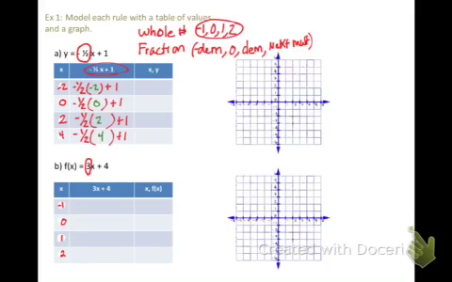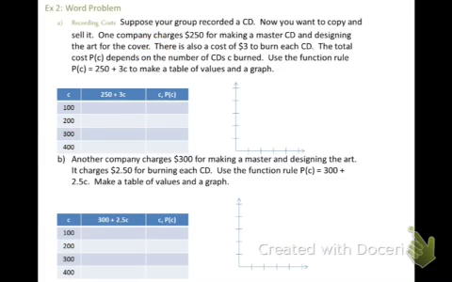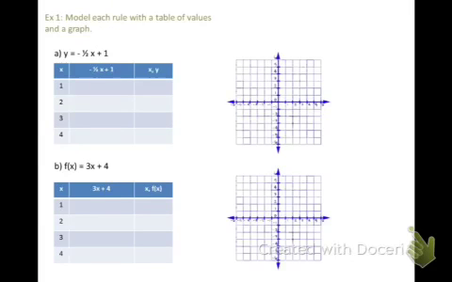In the third box over, you plug in the numbers over here: negative 2, 0, 2, and 4.